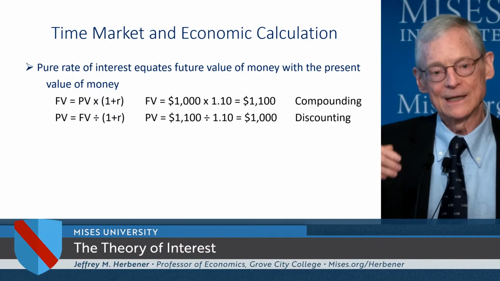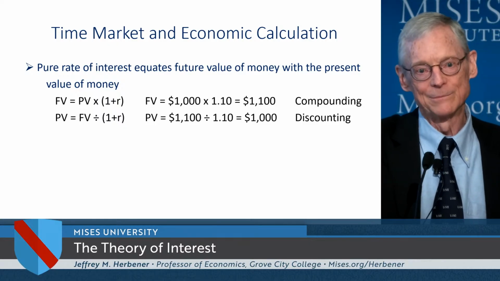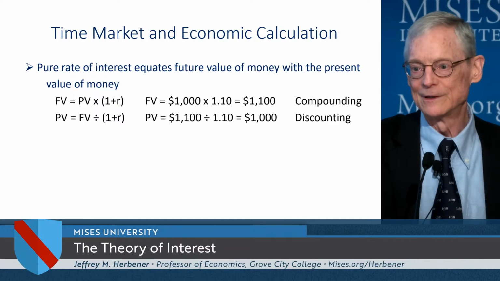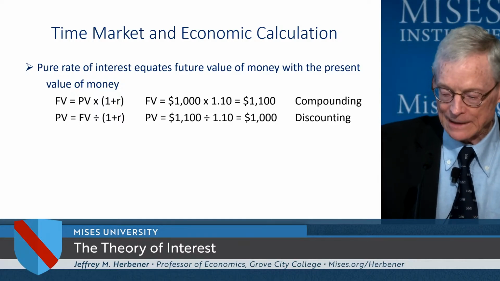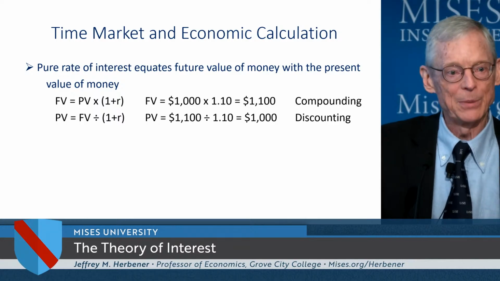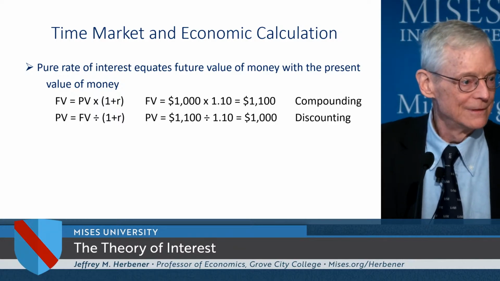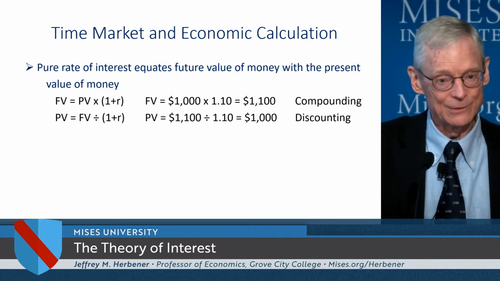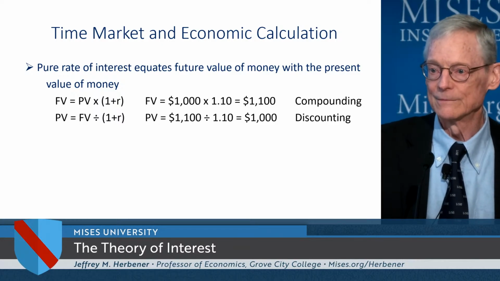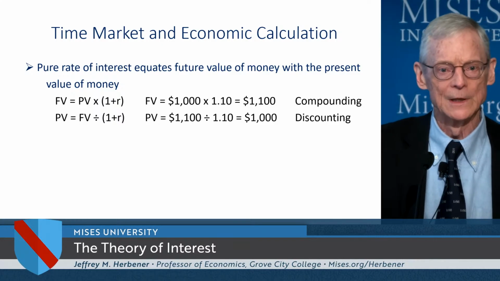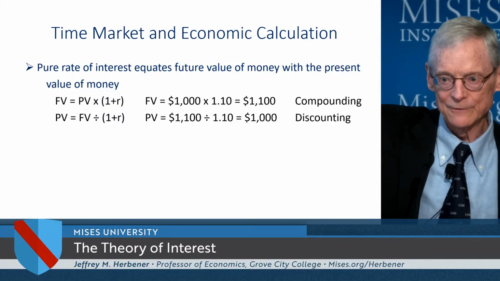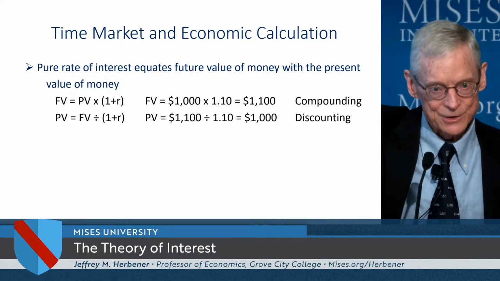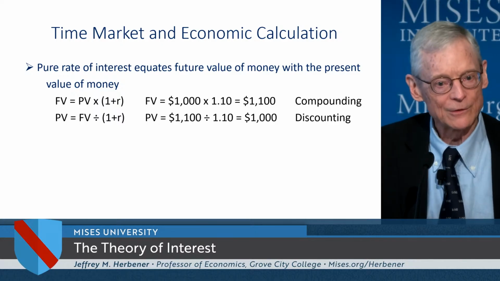So if I'm an entrepreneur engaged in buying the services of a worker for a day or something, and I have to pay $1,000, or I'm determining what's my maximum buying price for the services. If I think that I'm going to get $1,100 in revenue from the services a year from now, when the product's finished, then I'll pay $1,000 for it today.